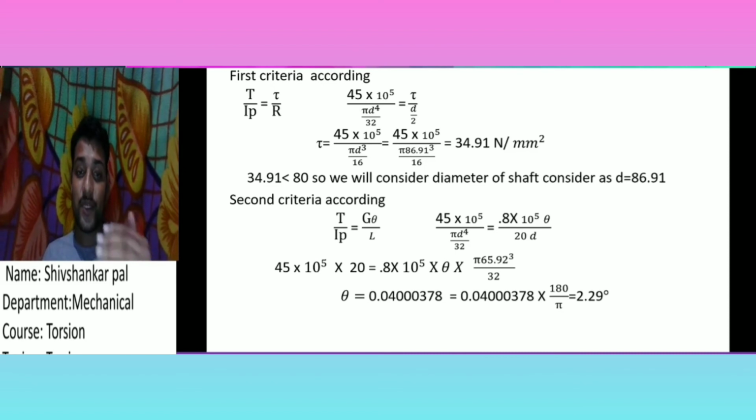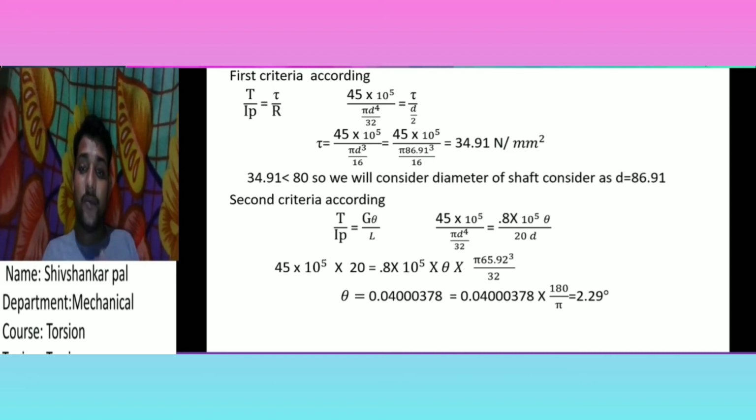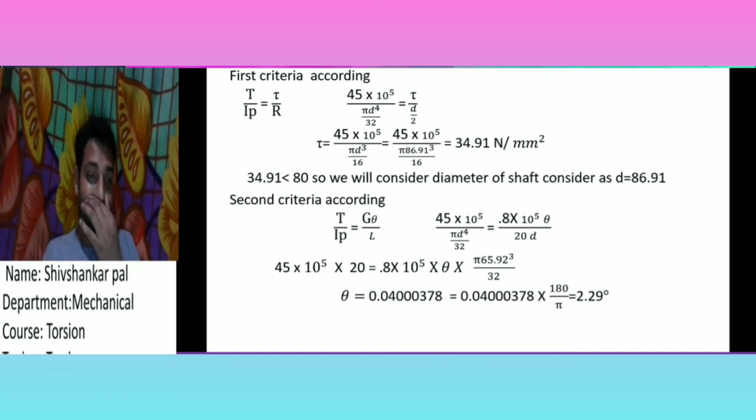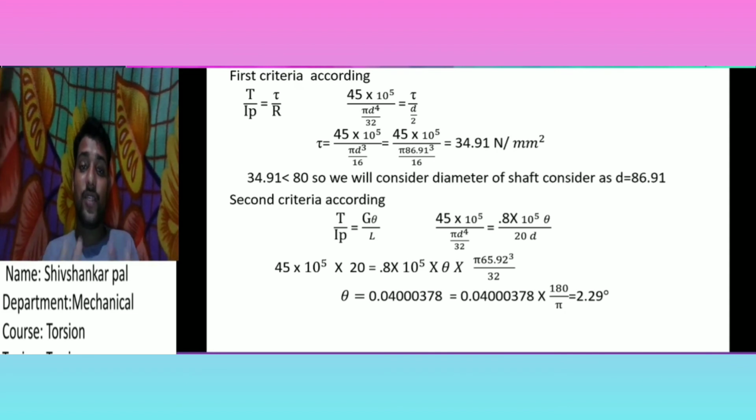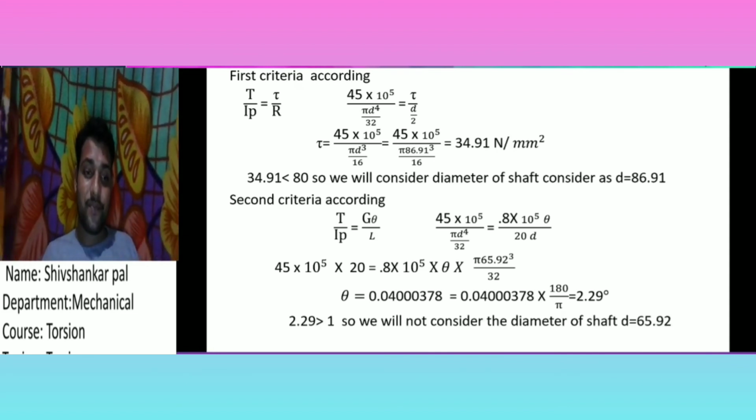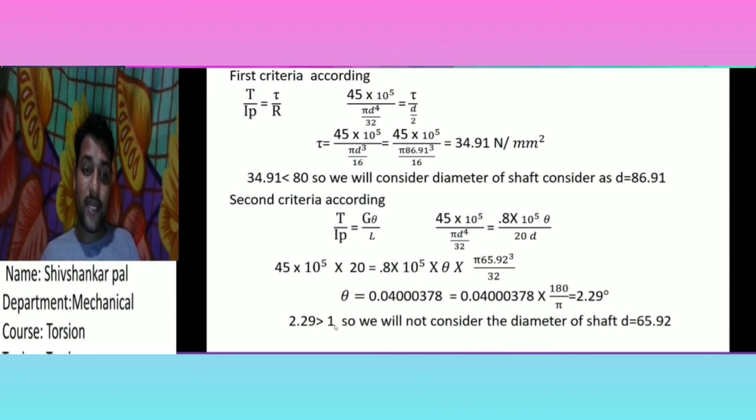When the angle of twist increases, that means our shaft breaks and does not work safely, so I will not consider the diameter of the shaft according to strength criteria. I will consider the diameter according to stiffness criteria.